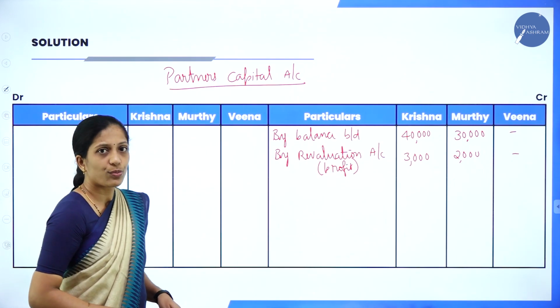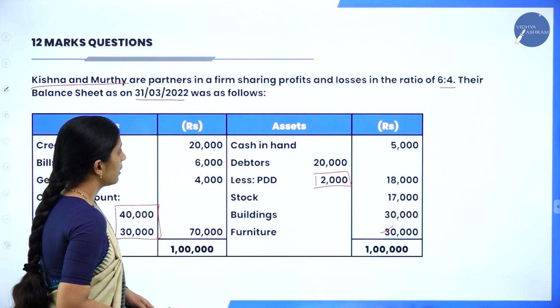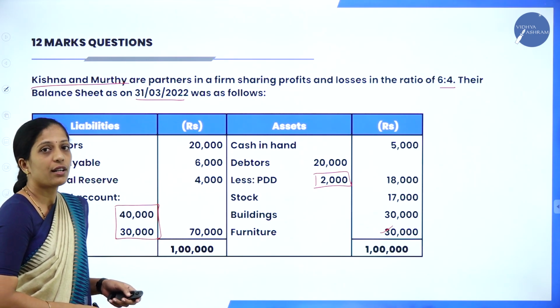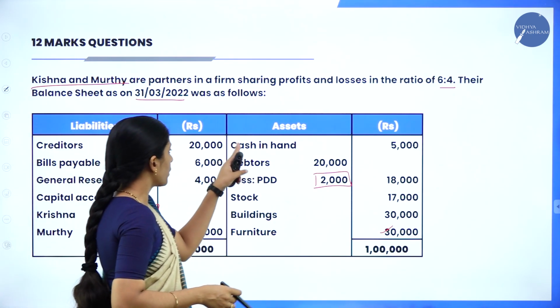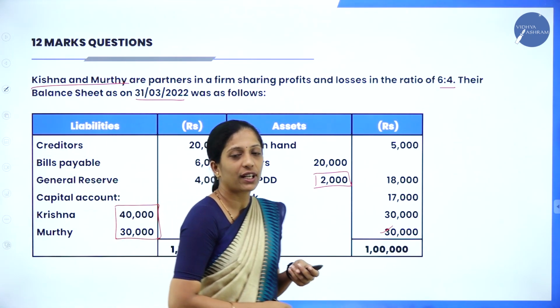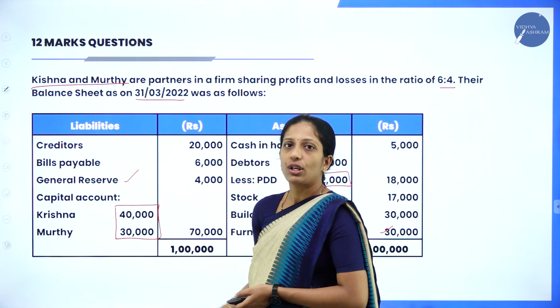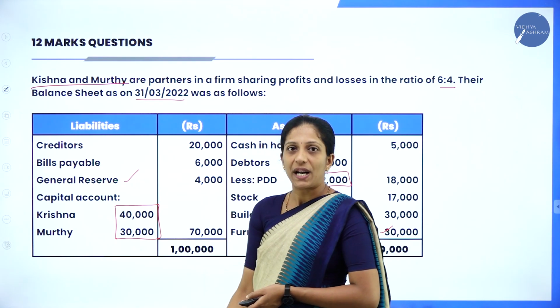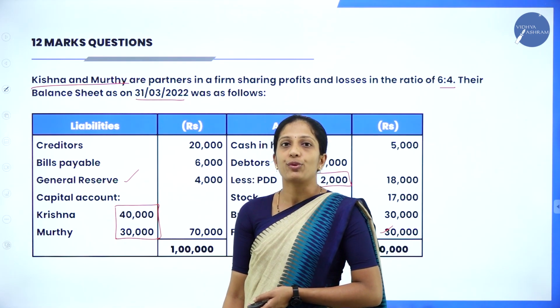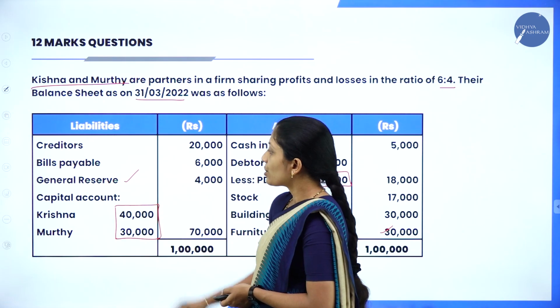Next, third step is what? You will check your balance sheet, whether there is any reserve, fund, profit and loss account. So if you see your credit side, there is no profit and loss account. If you see your debit side, we have general reserve. Okay, so you have to transfer this general reserve to partners capital account and distribute in their profit sharing ratio. So how do you write?